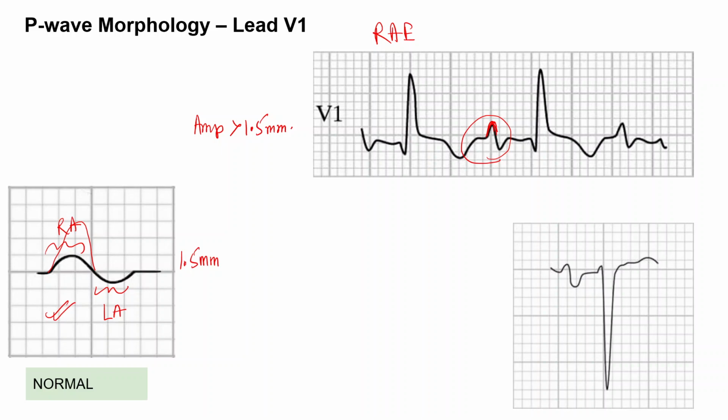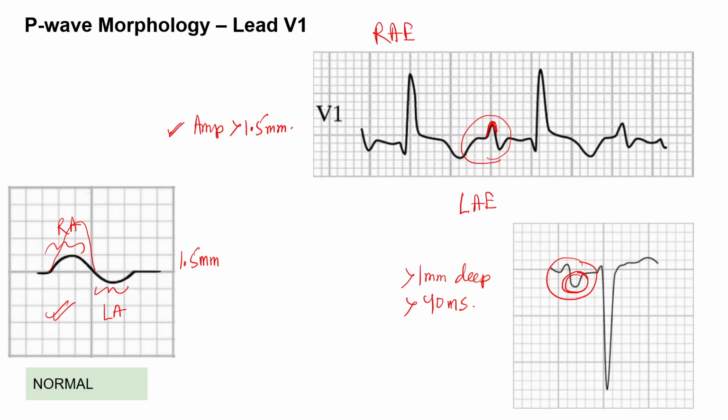If there is a left atrial enlargement, the second part will be affected. The negative part will be affected, as you can see here. So here again, it will be more than 1 mm deep, or more than 40 milliseconds wide, if you go to the numbers. Okay, these are the numbers you have to remember for left atrial enlargement, and this is the number you have to remember for right atrial enlargement.